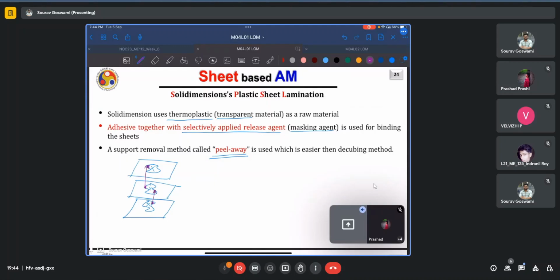And when my final build is finished, I can simply start peeling away or tearing off the undesirable region from the top surface. And because of the continuous chain, I can easily remove the undesirable region throughout all the layers.